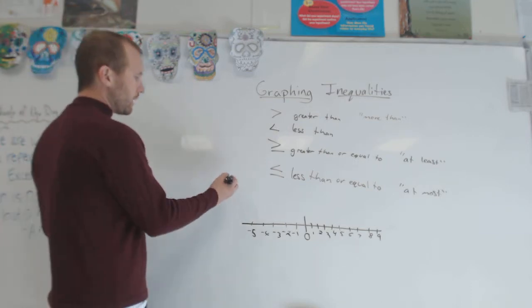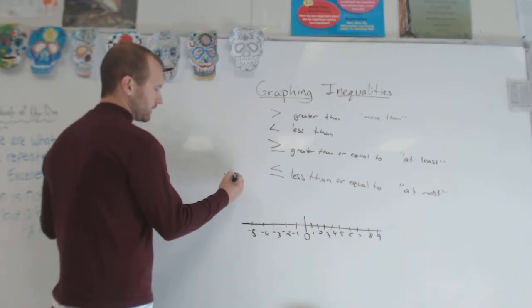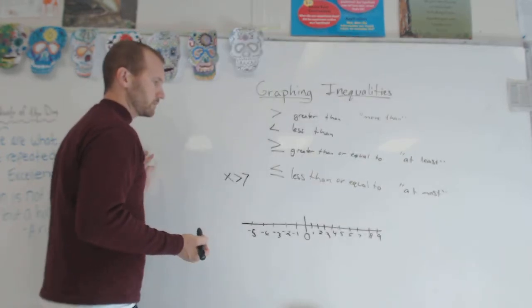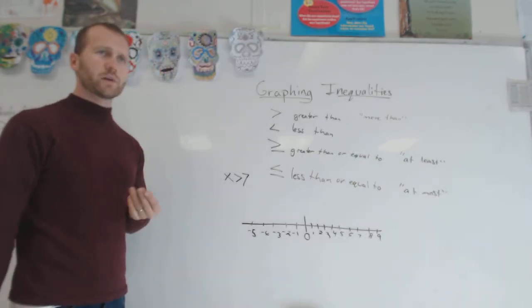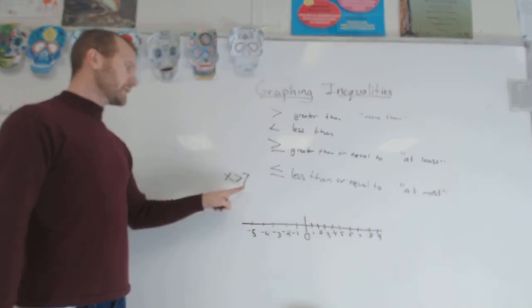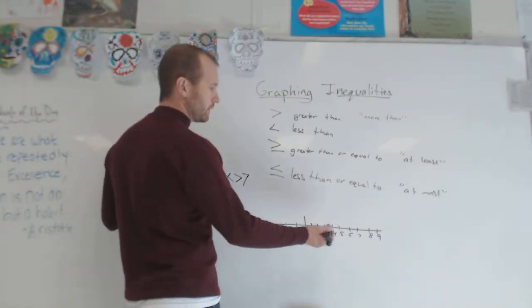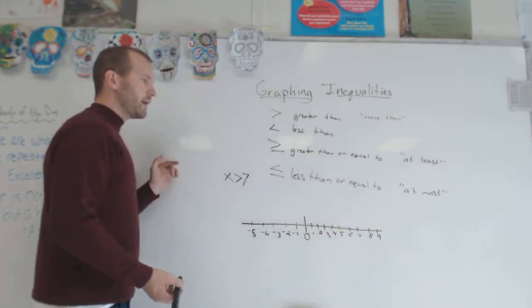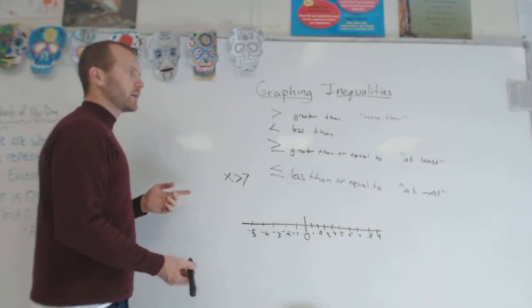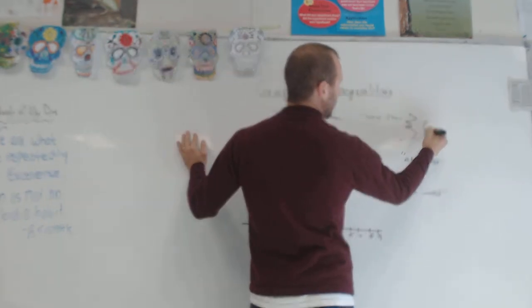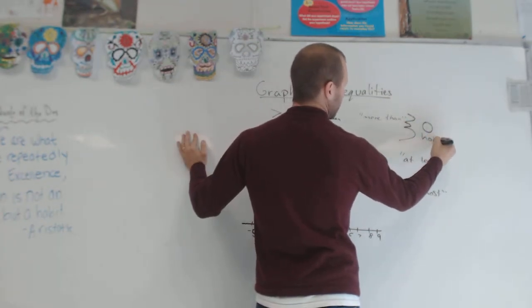So if I give you a problem like this, x is greater than 7. Here's what you're going to do. You're going to find 7 on your number line. It's right here. Now, if you have greater than or less than, these are going to be a hollow dot on your number line.